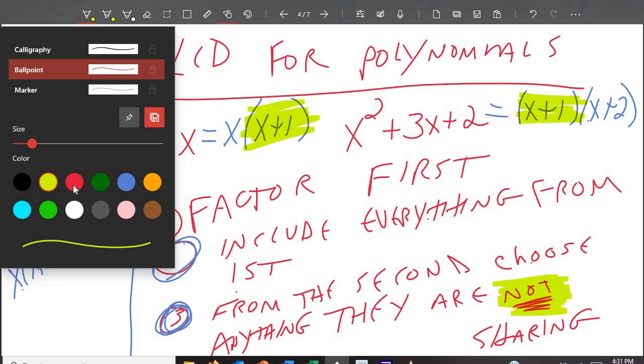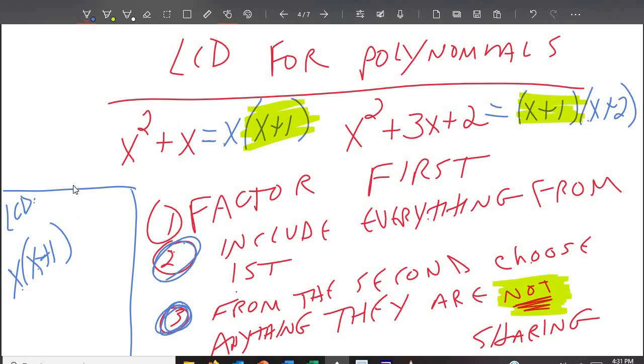So, since they are not sharing the x plus 2, we have to include the x plus 2. If they're sharing it, we don't include it. It's already there. So for this problem, the LCD is made up of an x, an x plus 1, and an x plus 2. It's all about the factoring.